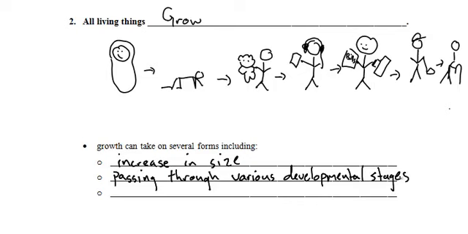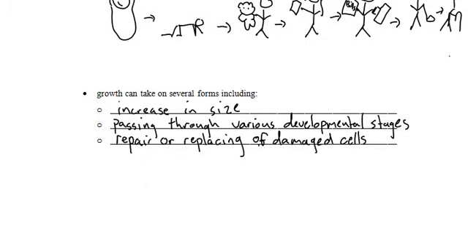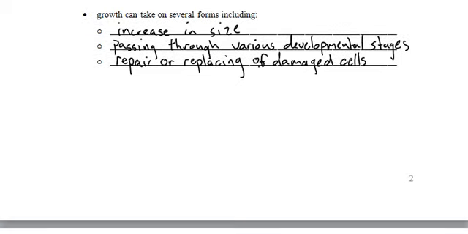And another form of growth that many people don't recognize is the fact that when you are repairing or replacing damaged cells, that's a form of growth. Now, some of us have to do this more often than others just because we are a little more klutzy. And at younger stages, we're actually more effective at this compared to older stages. You've probably heard your parents complain they don't recover as fast as they did when they were younger.